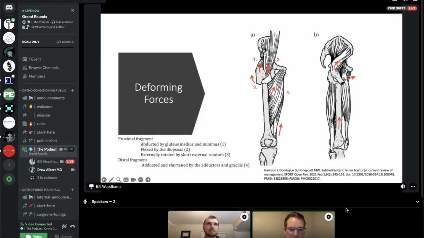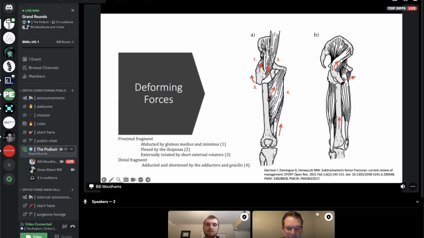When you look at a lateral, which we'll talk about, you can see the spike from the proximal piece really flexing up, and that's from your iliopsoas attachment to the lesser troch. So really important for identifying these types of fractures as well as fixing them.